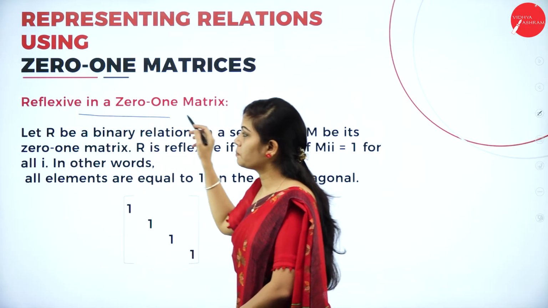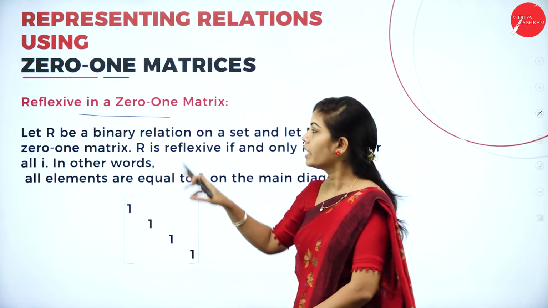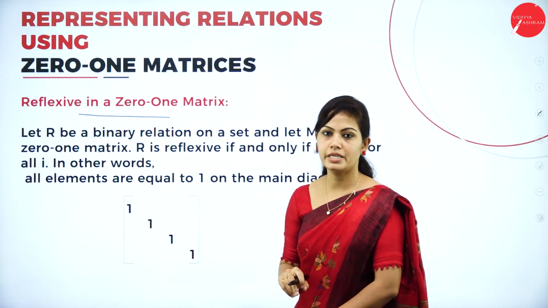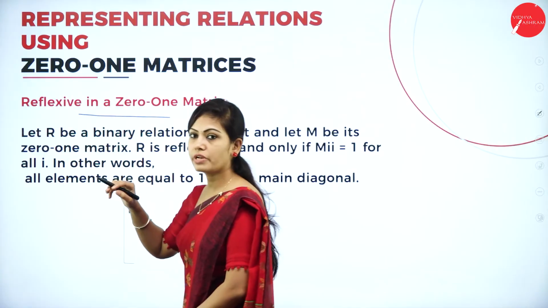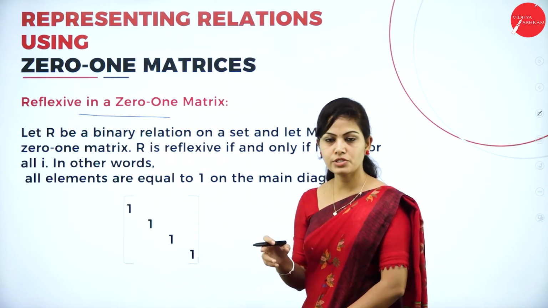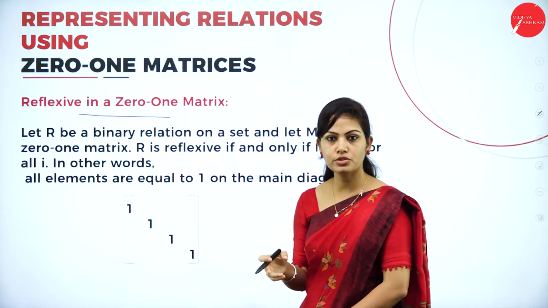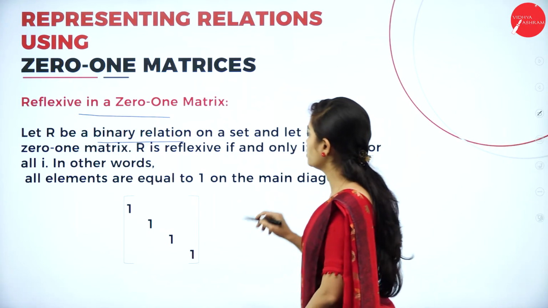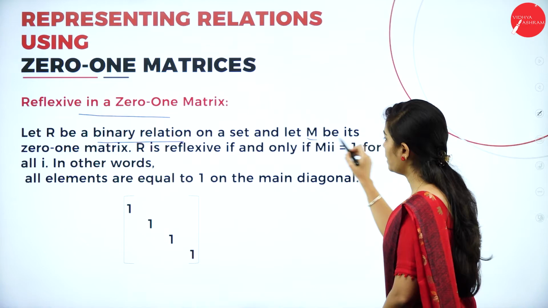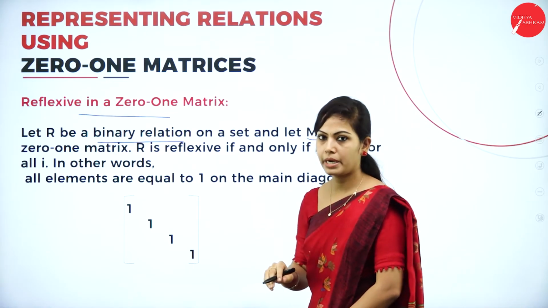So here we can represent reflexive relations in a 0-1 matrix. How to represent this reflexive relation? What is a reflexive relation? If (A, A) belongs to R, (B, B) belongs to R, (C, C) belongs to R, etc. Let R be a binary relation on a set and let M be its 0-1 matrix.